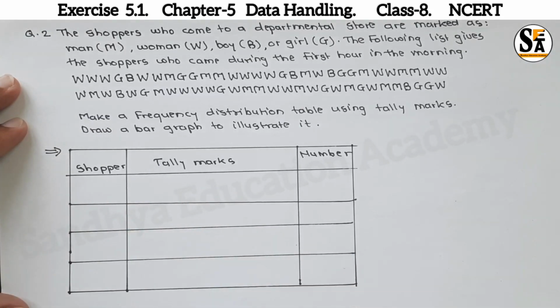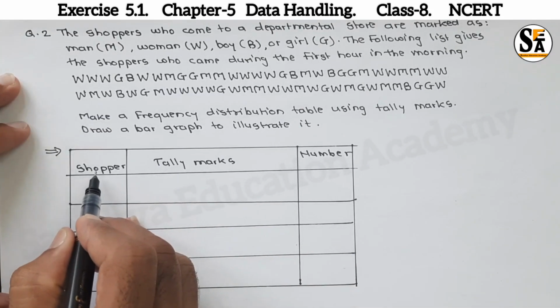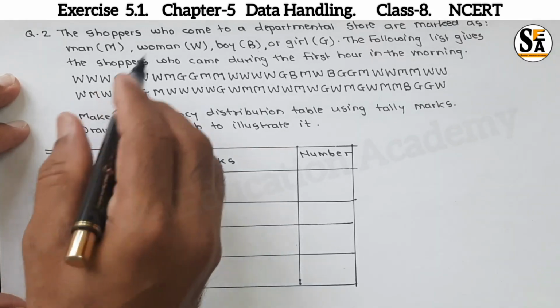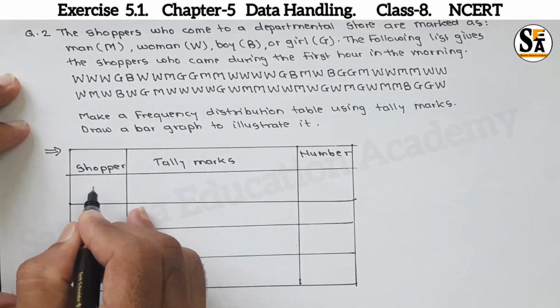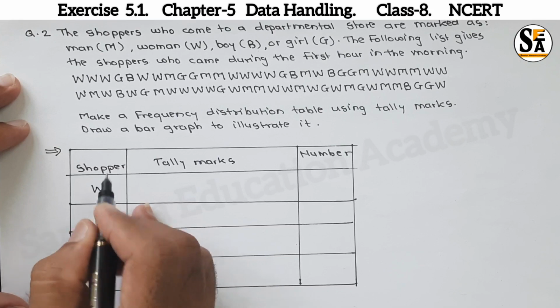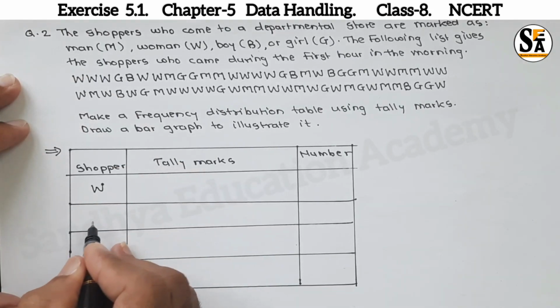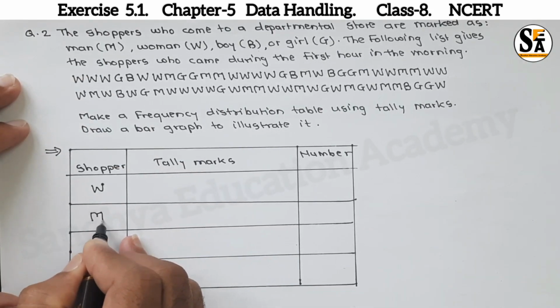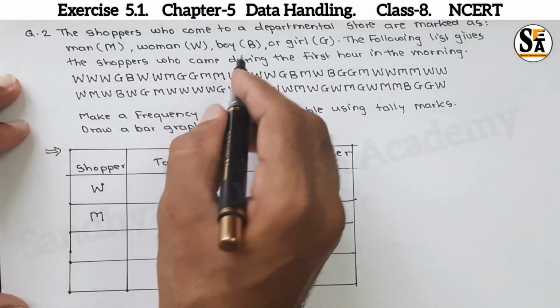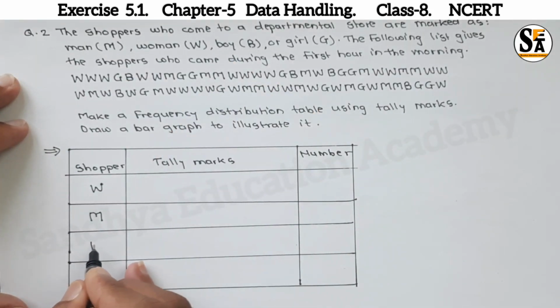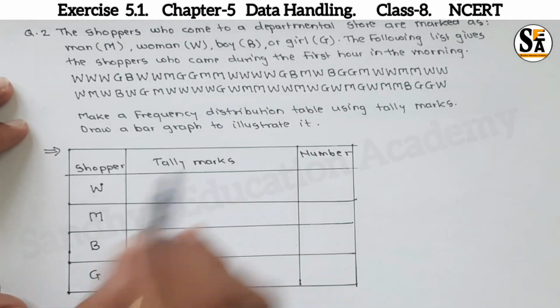In the first column we will write which are the shoppers. So first, let's write W for woman, then M for man, B for boy and G for girl. Then see how to make tally marks.